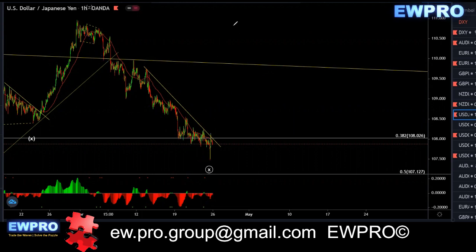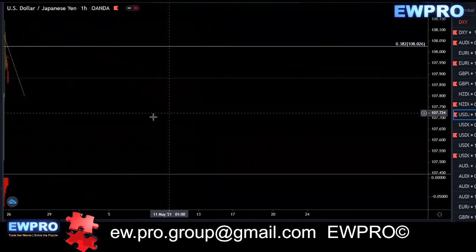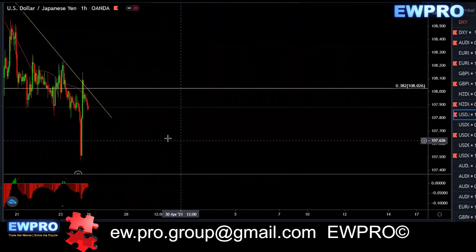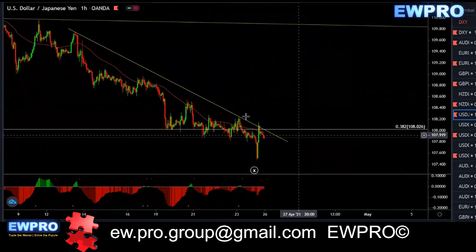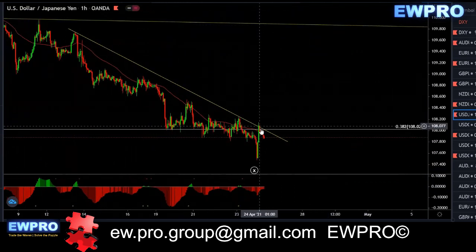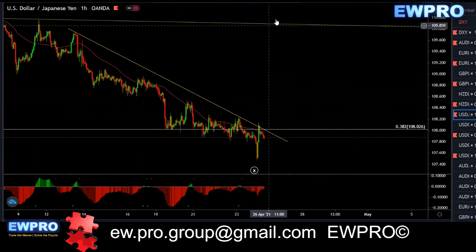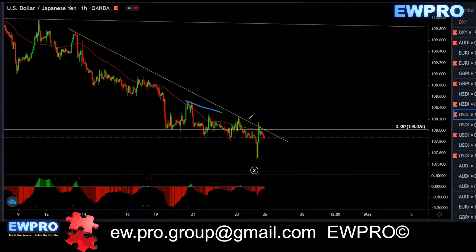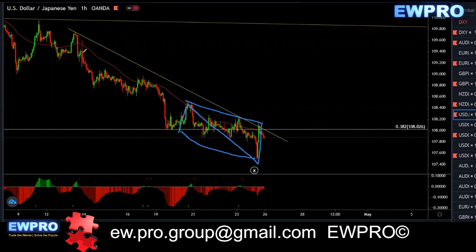It looked like it was going to break out of this trend on Friday, but it's come back. So more than likely this is a flat for an A, B, C, and then we get A, B, C for more downside.